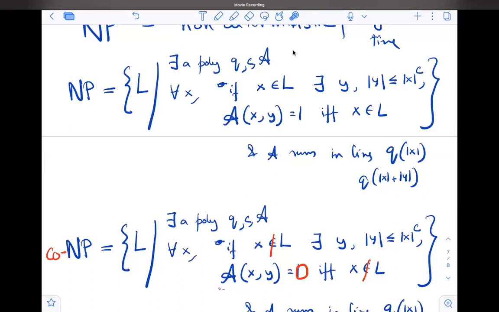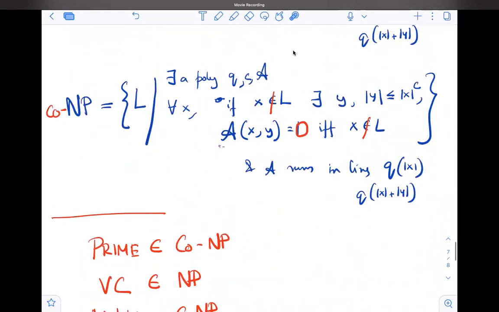Then I don't need any witness from my friend, right? I can take X, solve the problem, and done. I don't need a witness from my friend either for X in L or for X not in L. So every P problem will be in NP as well as co-NP. Exactly.